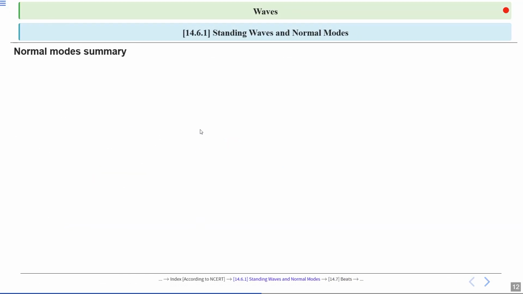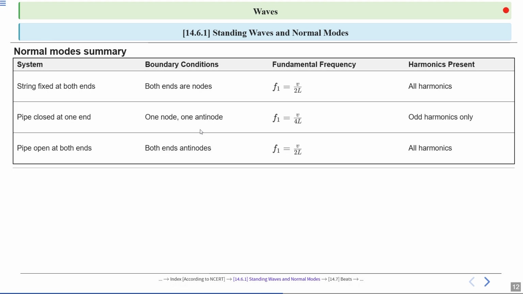Let's look at the summary of normal modes, those we have discussed till now. System: string fixed at both ends. Boundary conditions, both ends are nodes. Fundamental frequency f1 equal to v divided by 2l, and harmonics present: all harmonics.